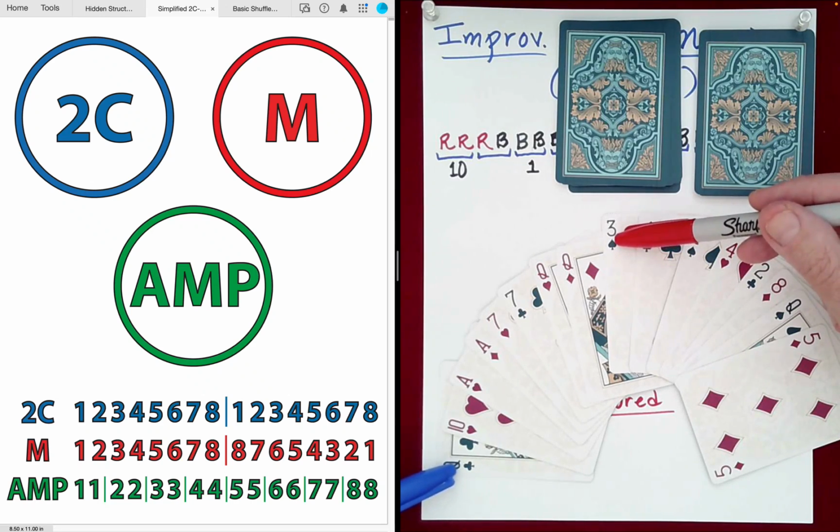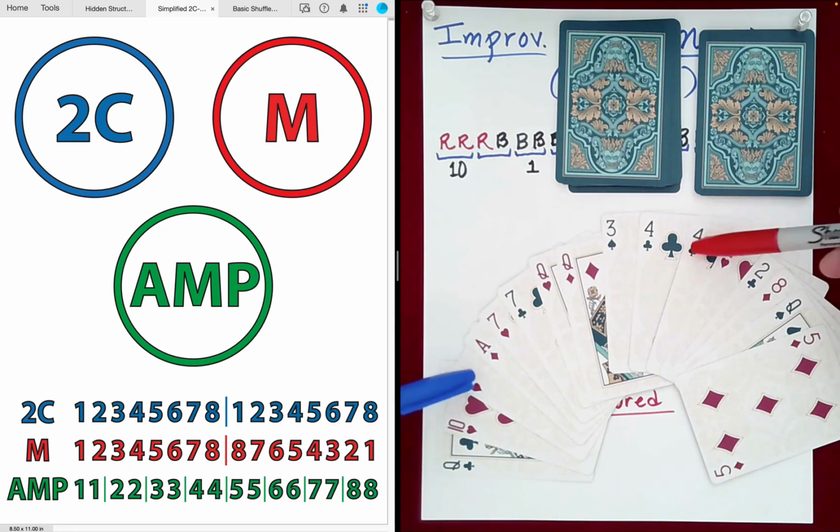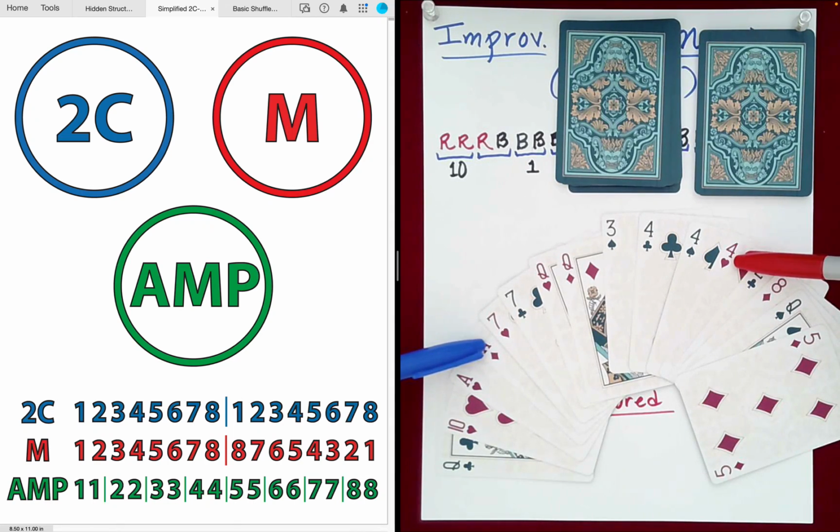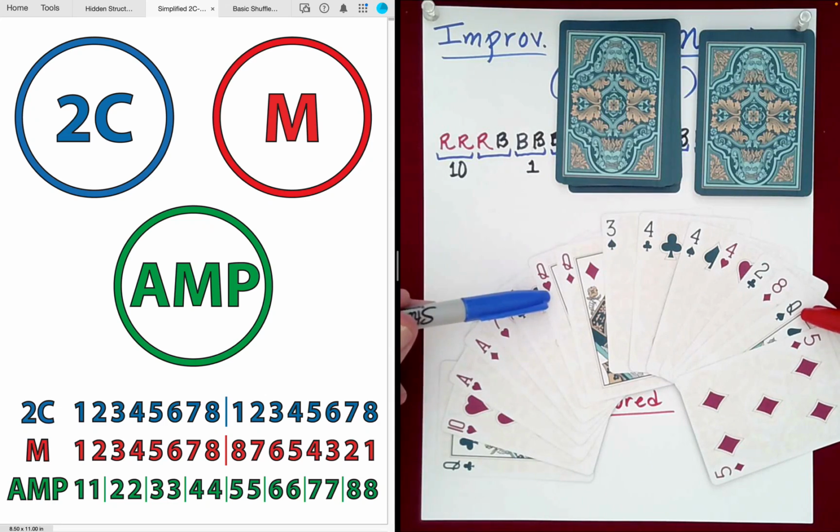So 1, nothing, nothing, oh, a 10 for being red, so 1 plus 10 is 11, right? Nothing, nothing, nothing, and then right here we got a 1. Sorry, another 10, excuse me. So that would take us to a 21.